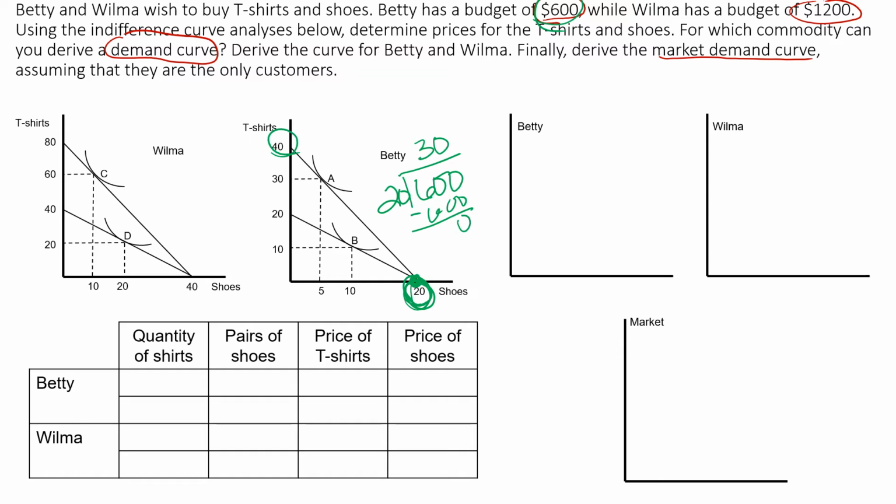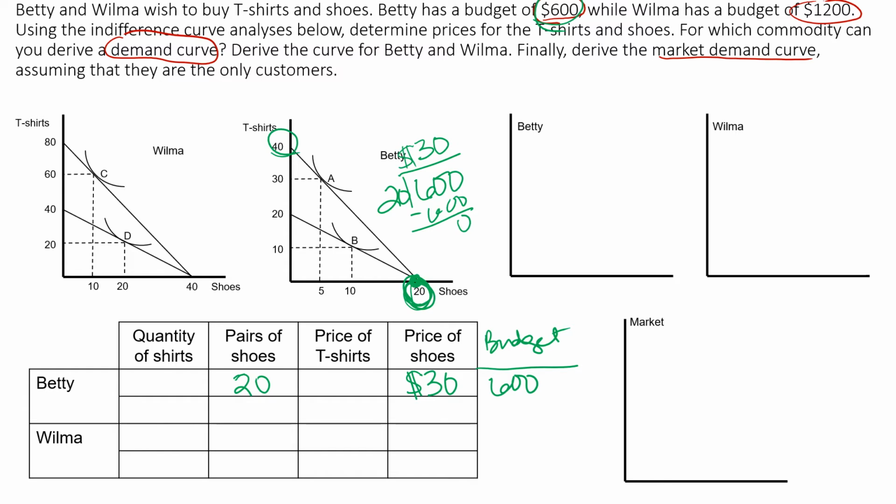So what that tells me is down here with Betty, if the price of shoes is $30, Betty would buy 20 pairs. That's the information that we just pulled from that. Okay, because again, her budget is $600.